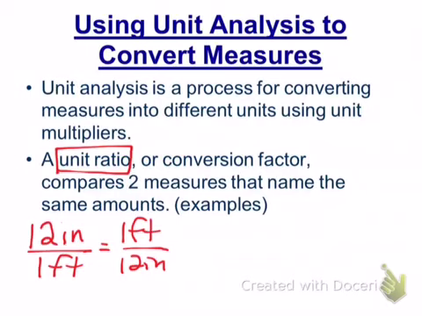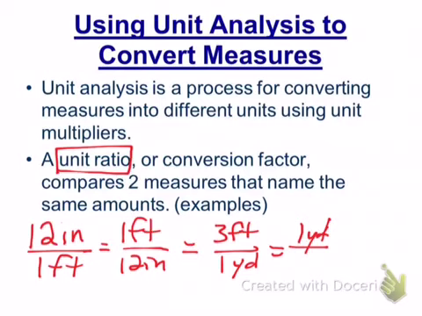What are some other unit multipliers, unit conversion ratios, unit ratios? 3 feet is 1 yard. I can keep putting 1 in all these things because they are all equal to 1. 5,280 feet is 1 mile.